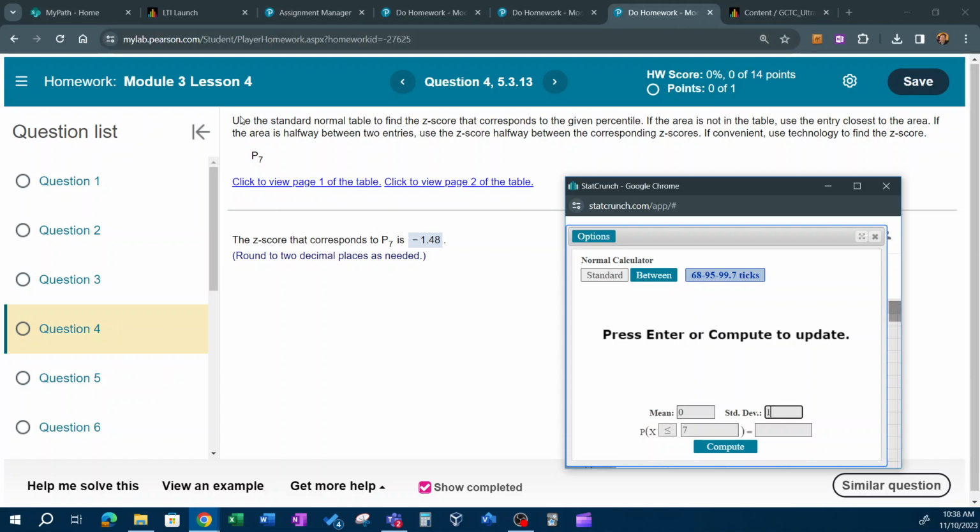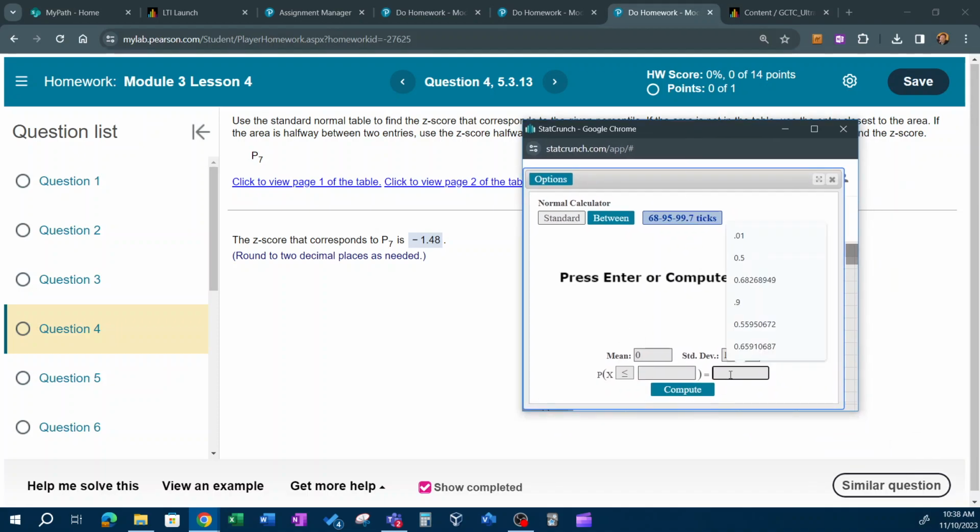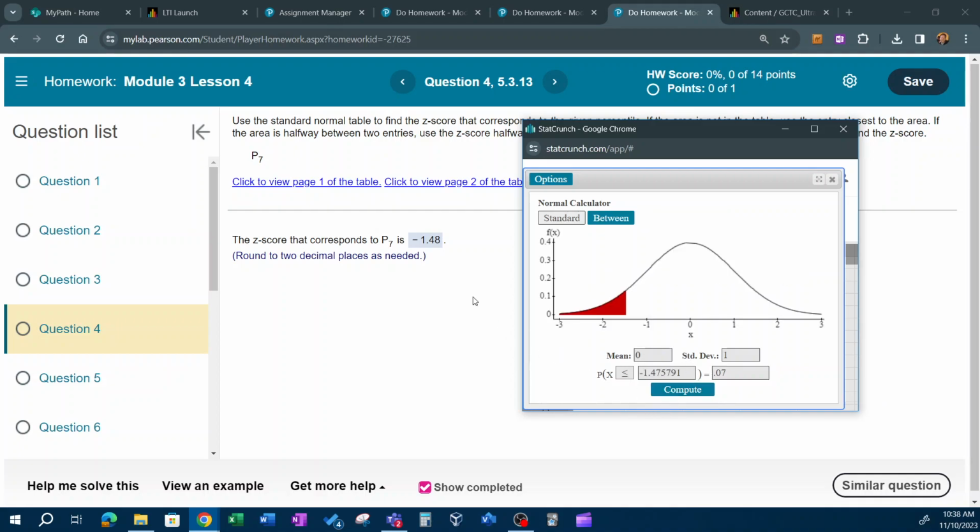In this question, in Module 3, Lesson 4, it's actually looking for the boundary that gives you 7% of the data. So the 7 should not be there. It should be 0.07, right? That means 7% of the data is to the left of what boundary? And that's what we're looking for here. So this is going to be minus 1.48, and that's what we have.